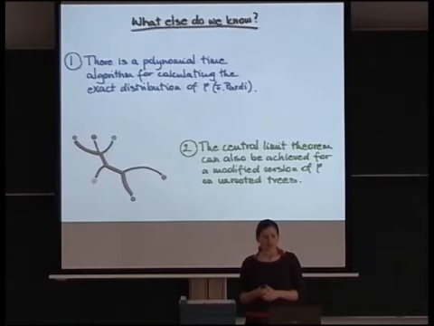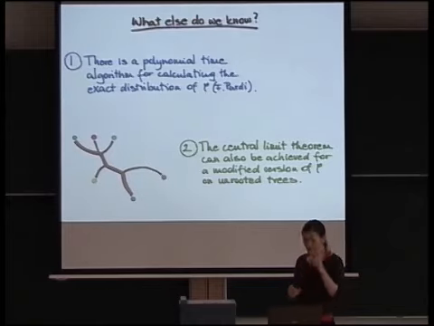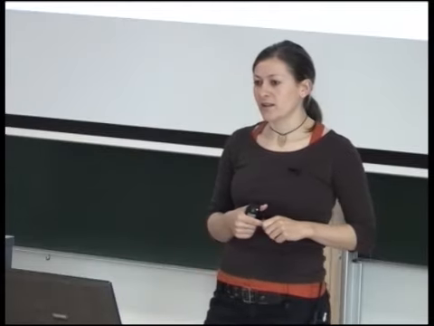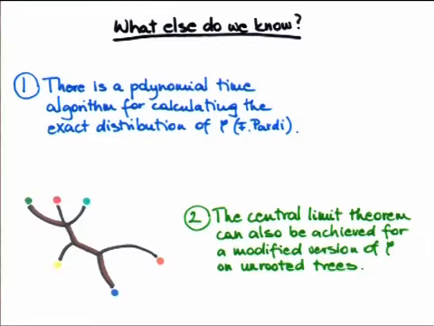Let's see what is left to do. What do we know? We know that there is a polynomial time algorithm for calculating the exact distribution of phi. Fabio came up with an algorithm. And another thing is that we can extend the result for a modified version of phi on unrooted trees.